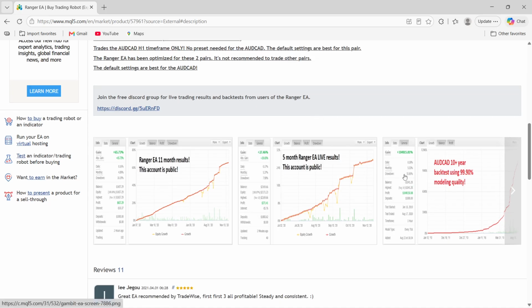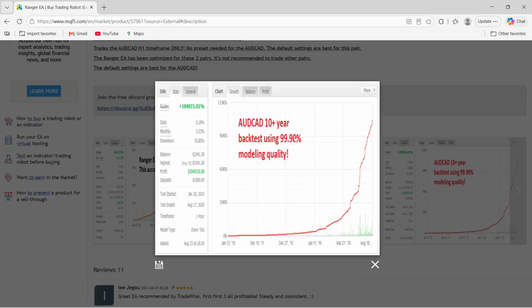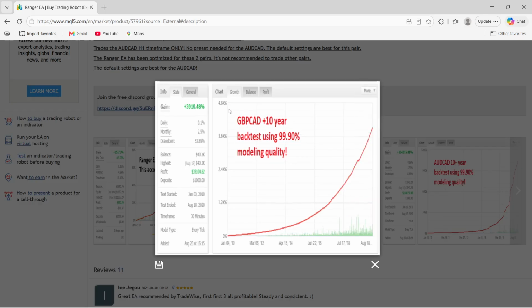Alright, so we have some of the developer's backtests. You can see AUDCAD for a 10-year period, backtest using 99.90% modeling quality, and you can see there's a gain of over 104,000% for the period. So that's quite remarkable.